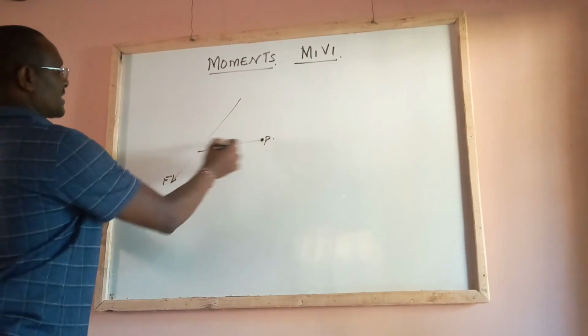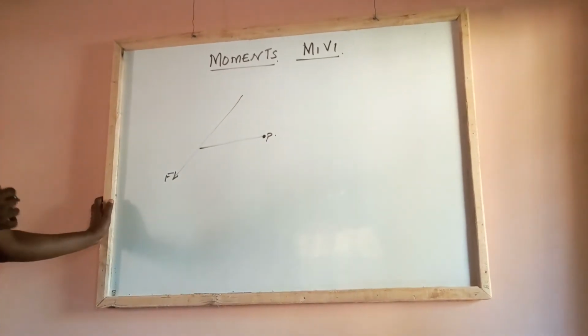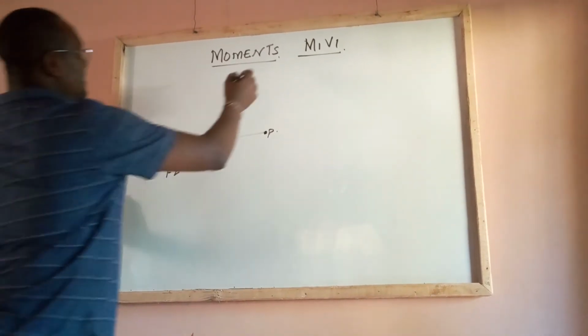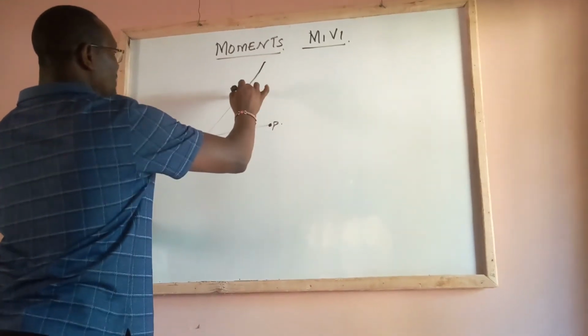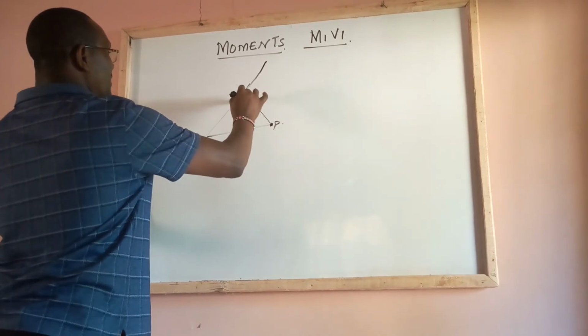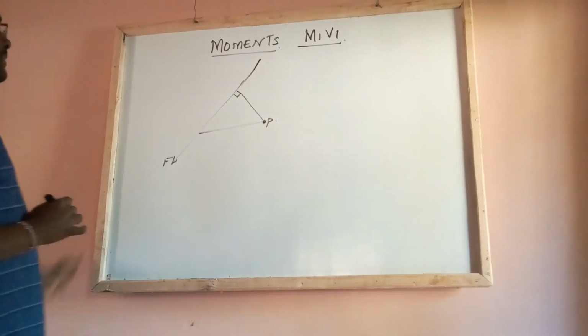So this distance is not perpendicular. We must always look for the perpendicular distance between the point of rotation and the line of force. And that is the distance we are talking about.